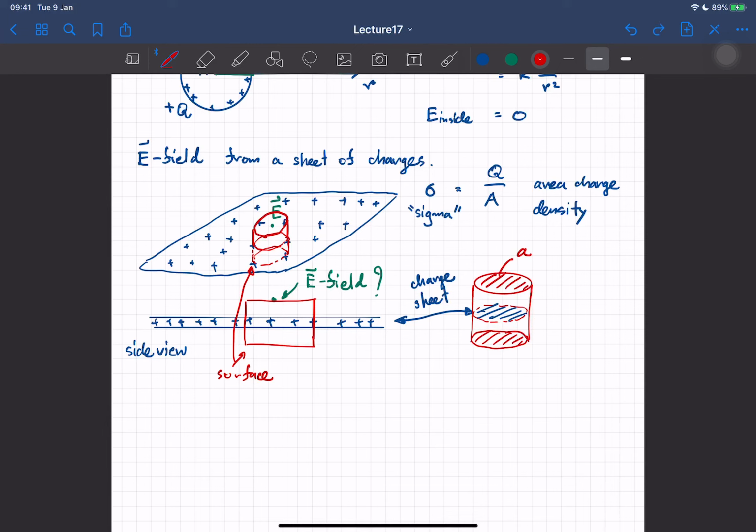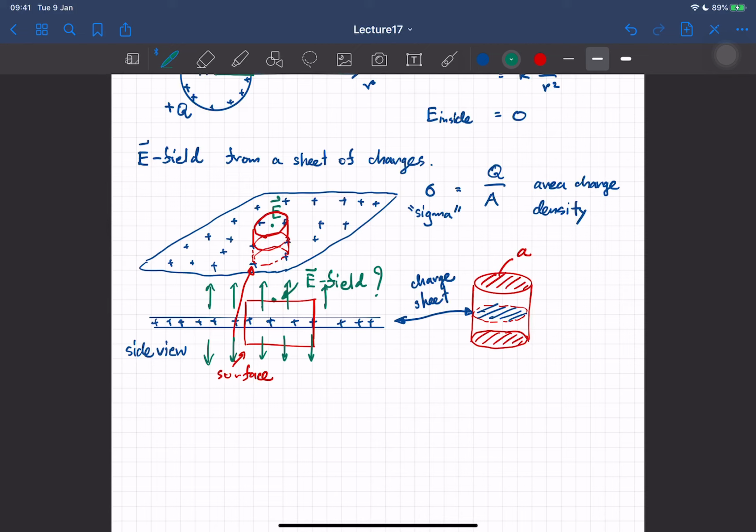So let's talk about the wall first. Because of the symmetry of the problem, you should convince yourself that the electric field must be pointing perpendicular to the sheet itself, like this. Especially for a sheet which is infinitely long or almost infinitely long, right? Because if the sheet is infinitely long, you cannot tell left from right.